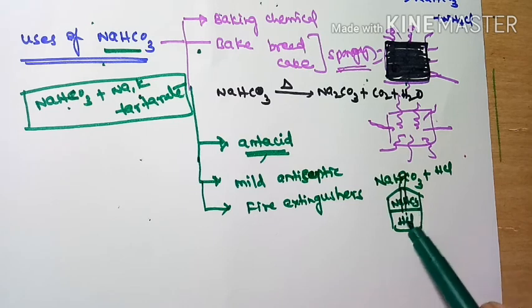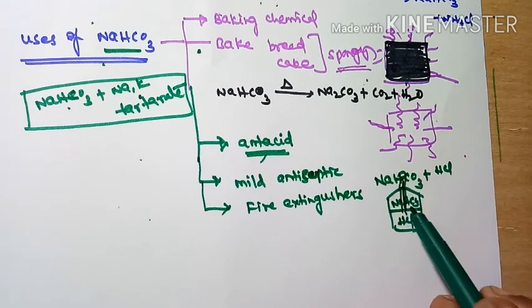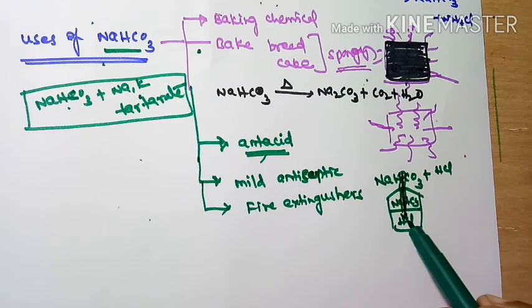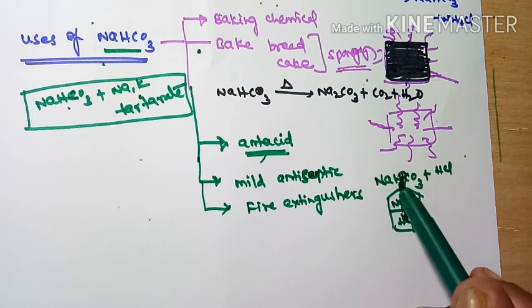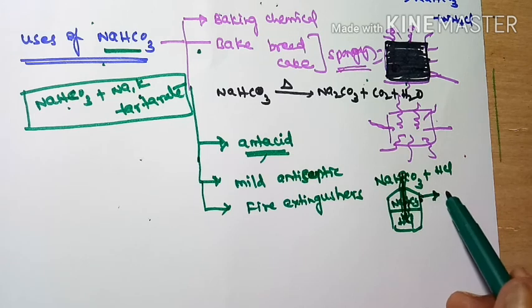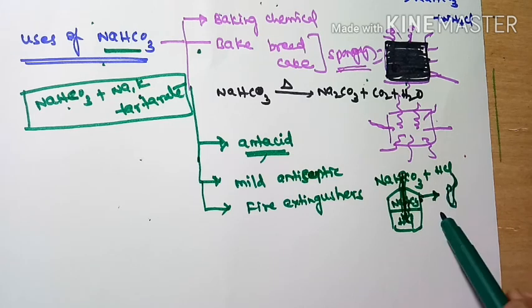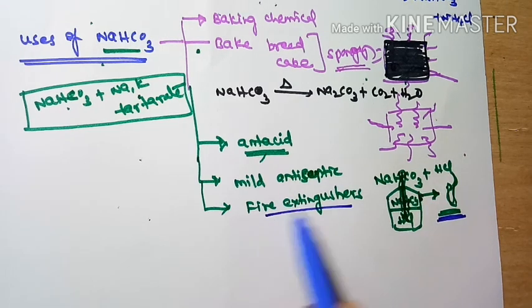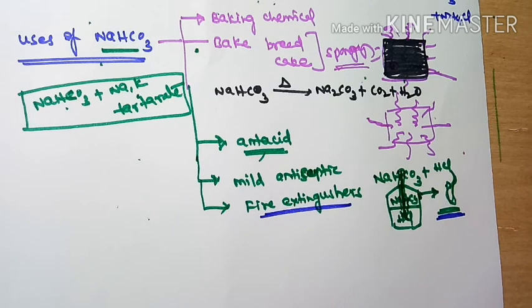A small rod is present in the middle. If the rod goes downward, the HCl enters into the sodium bicarbonate, a chemical reaction takes place and carbon dioxide gas is released. When that carbon dioxide gas is exposed onto the fire, the fire is stopped. This carbon dioxide is called pyrene gas; it puts off the flame. That's why it is used in fire extinguishers.